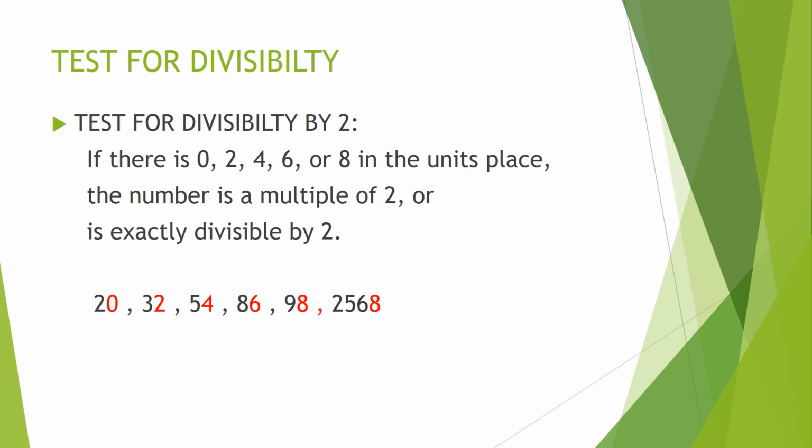Very carefully, children, you need to only check that the digit in the units place is either 0, 2, 4, 6 or 8, so that the entire number is divisible by 2. In 20, your units place is 0. In 32, it is 2. In 54, it is 4. In 86, it is 6. In 98, it is 8.